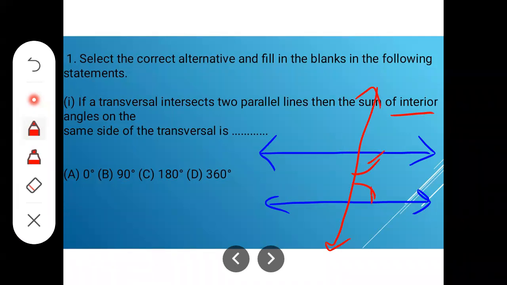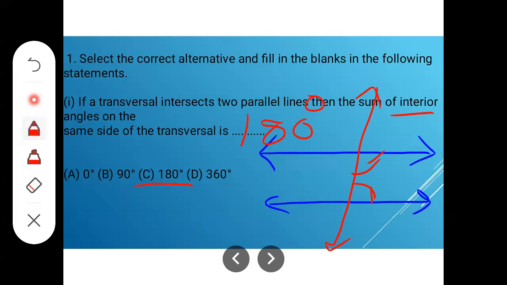So we have to write what is the sum of interior angles. As we know the property, interior angles on the same side of the transversal are supplementary. Supplementary means they together measure 180 degrees. So the correct option is 180 degrees. So you have to put here the correct option and complete the statement.